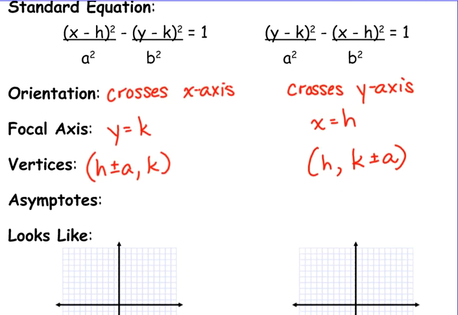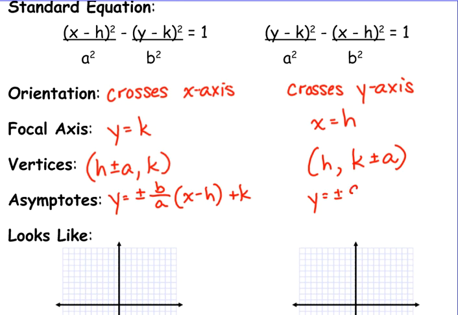Hyperbolas have asymptotes. They actually have two slant asymptotes. And here's their equation. Y equals plus or minus b over a times x minus h plus k. And the other one flips it over.